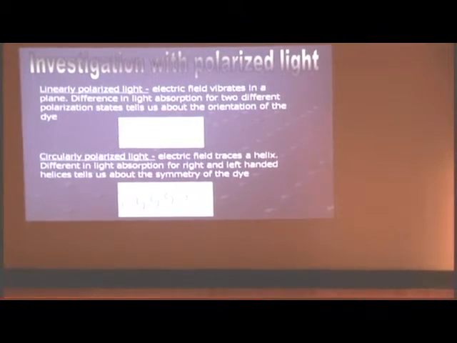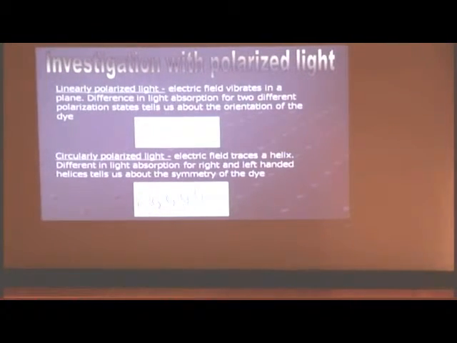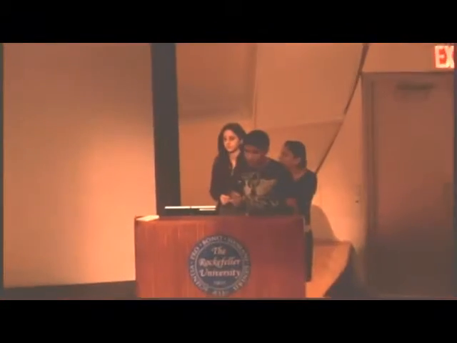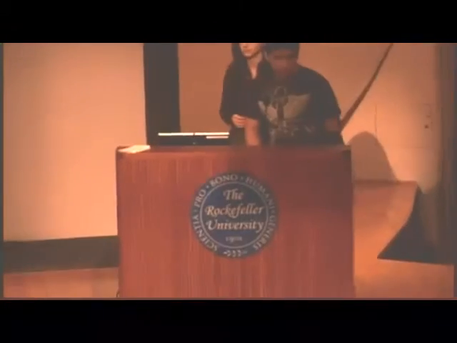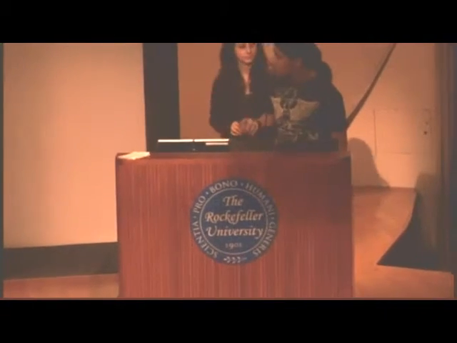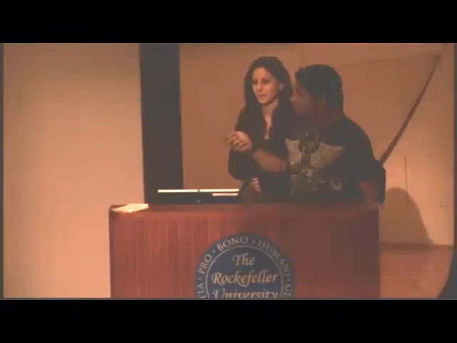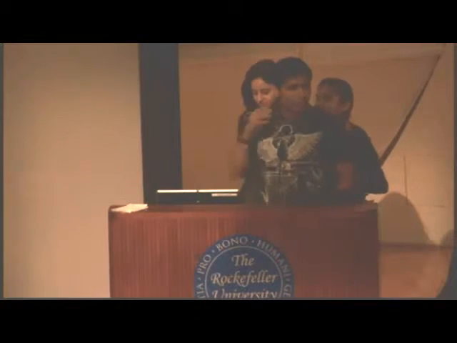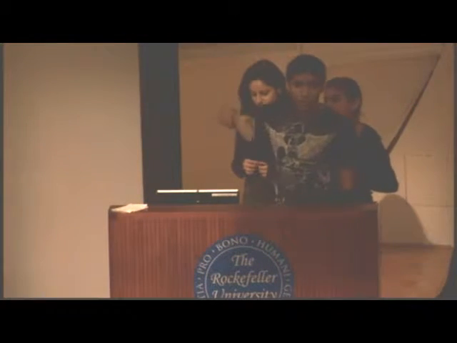Investigation with polarized light. This is dichroism. What dichroism means is di, which means two, and chroism means color. So it's two colors that we need to find out. Linearly polarized light is electromagnetic waves. They go up and down, back and forth.